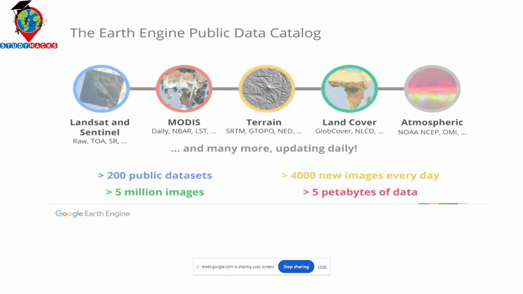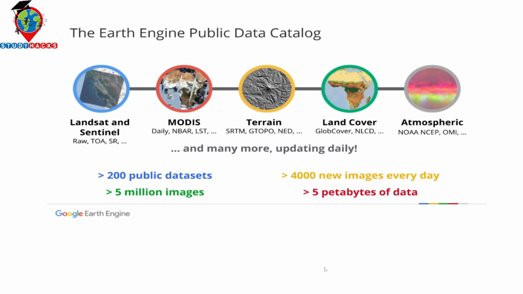First of all, Google Earth Engine has a data catalog. In this data catalog, we can easily access all of the data sets. It can be Landsat, Sentinel, MODIS, or different types of satellite imagery. We can access them from the Google Earth Engine public data catalog, and this data set is updated daily.